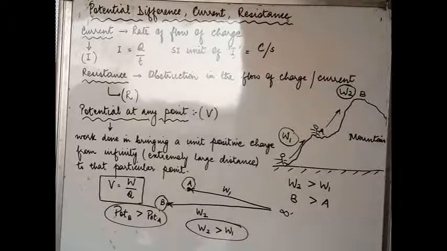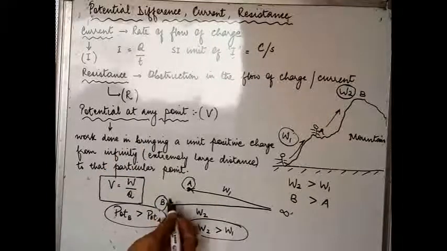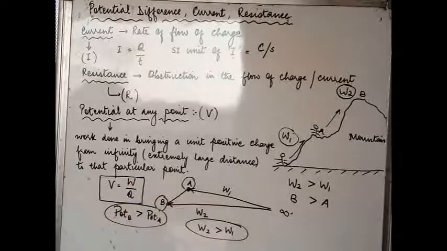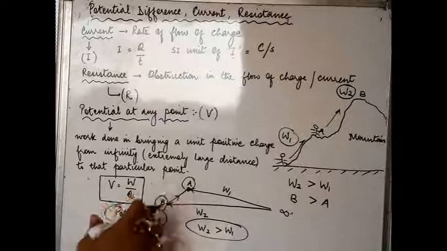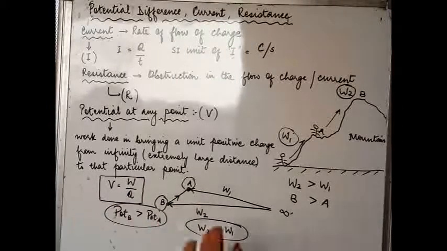This difference in the potential is known as potential difference, and this difference causes the current to flow. Now if I connect these 2 points with the help of a conductor, there will be a flow of current, okay, from B to A. Okay, so all these details, how does it flow, from where to where, all that I will explain in detail further on in this lecture.